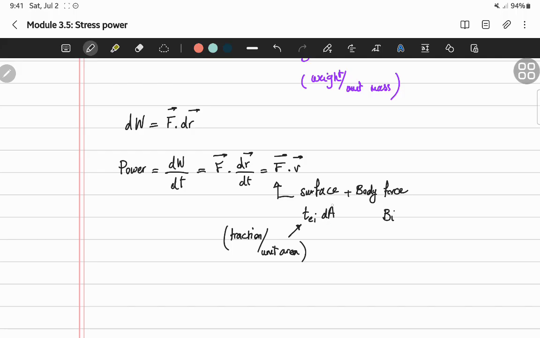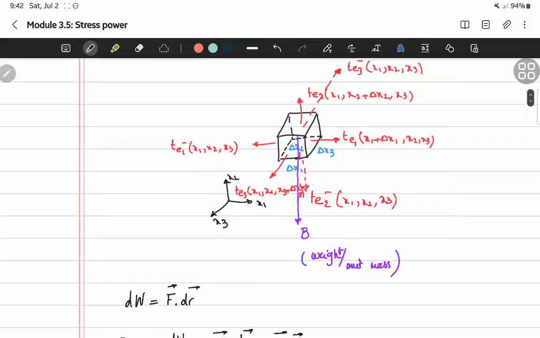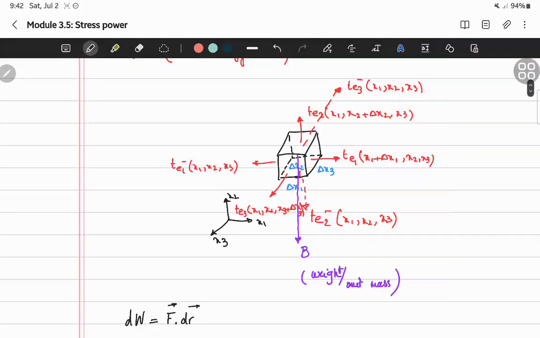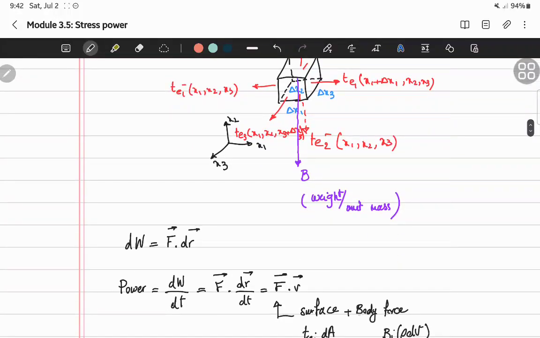So to find the corresponding force, we have to multiply by the area they are applied on. And then we have Bi, the weight per unit mass, so we have to write this as rho dV, where V here is, of course, the volume of the element. So now let's start with calculating the surface tractions, and then we keep on with the body forces.